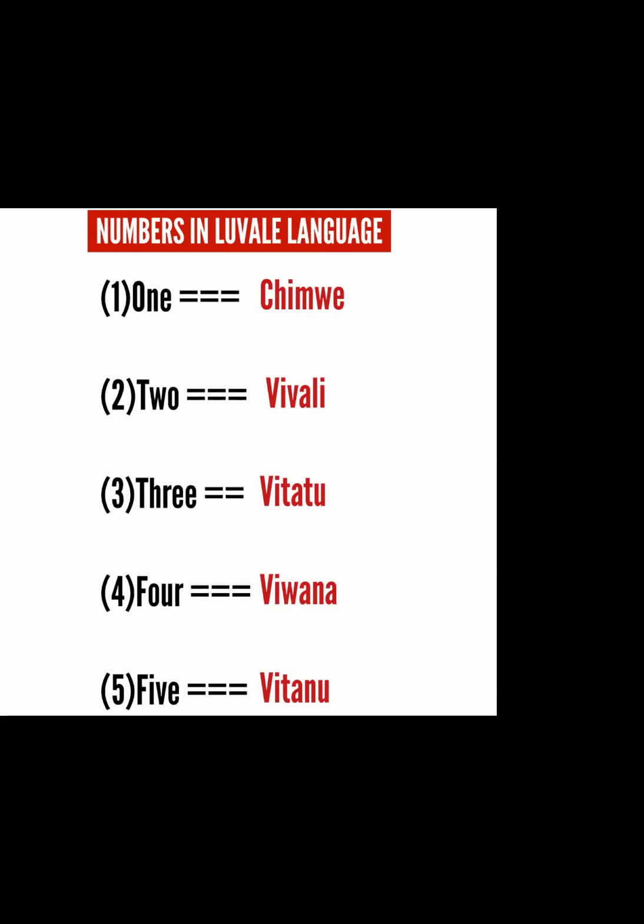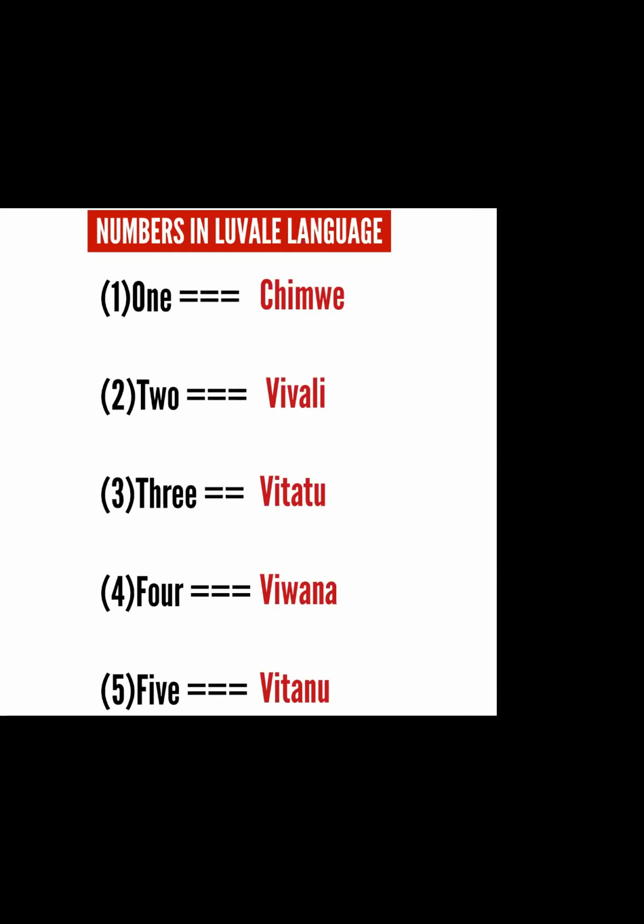The 10s, 10, 20, 30, 40, are derived from 10, which is likumi. Shikaho, 20 makumi awali, 30 makumi atatu, 40 makumi awana. But the basic unit of Luvale numbers are 1 to 5.